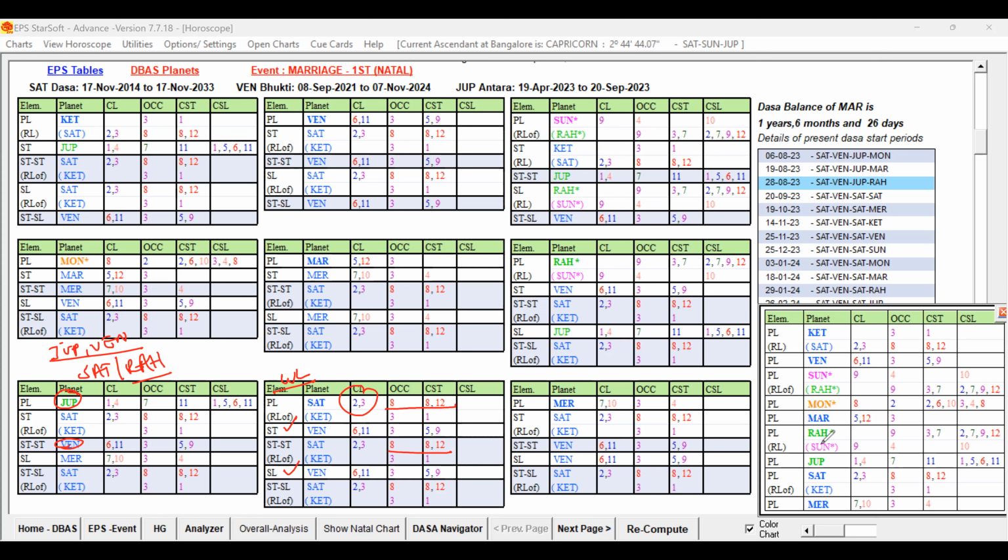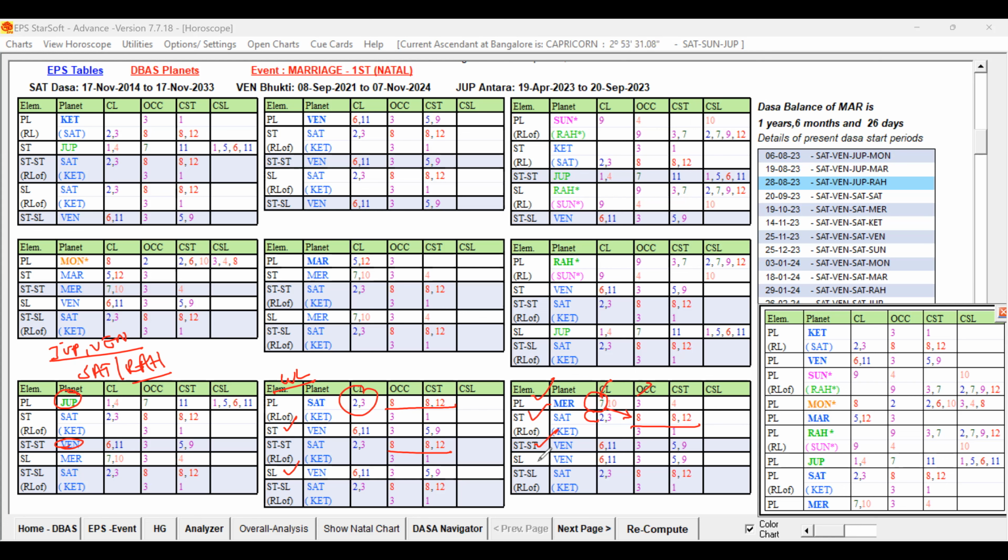Next comes Mercury. Star Lord, again, is Saturn. Saturn is having some weakness, but Mercury is good. Good in the sense that it is the 7th Lord and occupying the 3rd house. But the problem is Saturn at the star level, though it is having weakness, since the source planet is the 7th Lord, 7 is supported by 2 and 3, but 7 is going to experience this. 7 is experiencing these obstacles, which indicates some weakness.